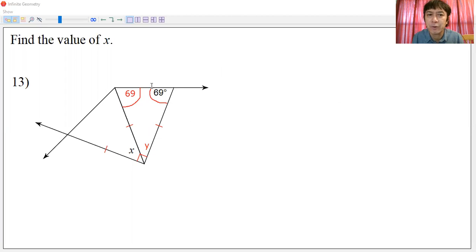So from this triangle you have one equation. We can call it our first equation, 69 plus 69, plus the angle y, that should be equal to 180.